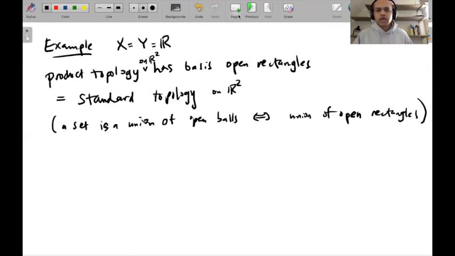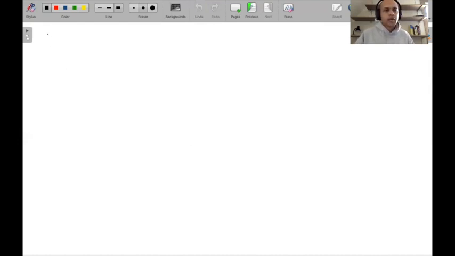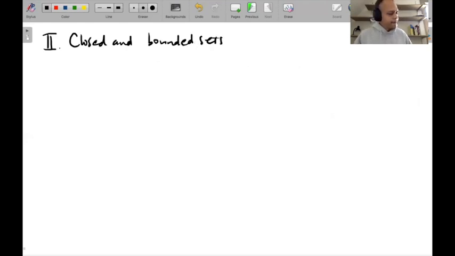Right, so now I want to switch gears. Let me remind you of one of our overarching goals in the course, which is to define topological invariance.